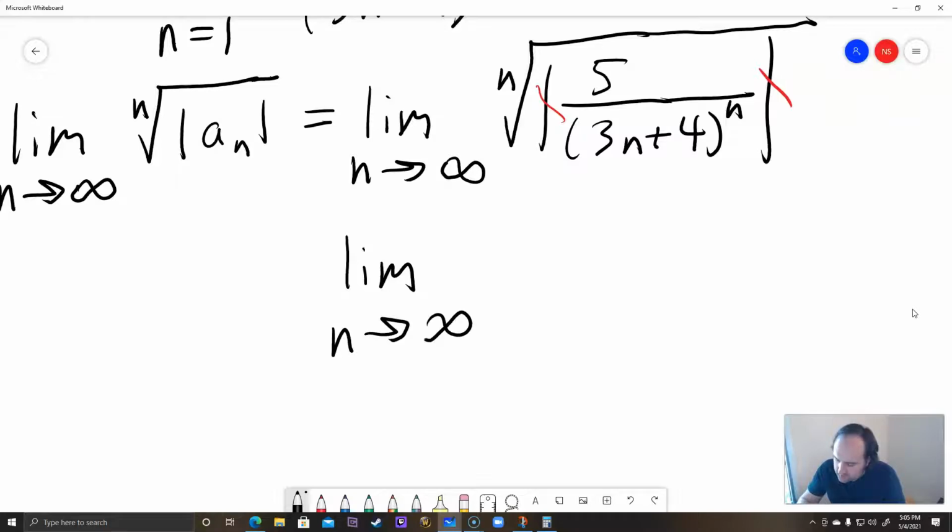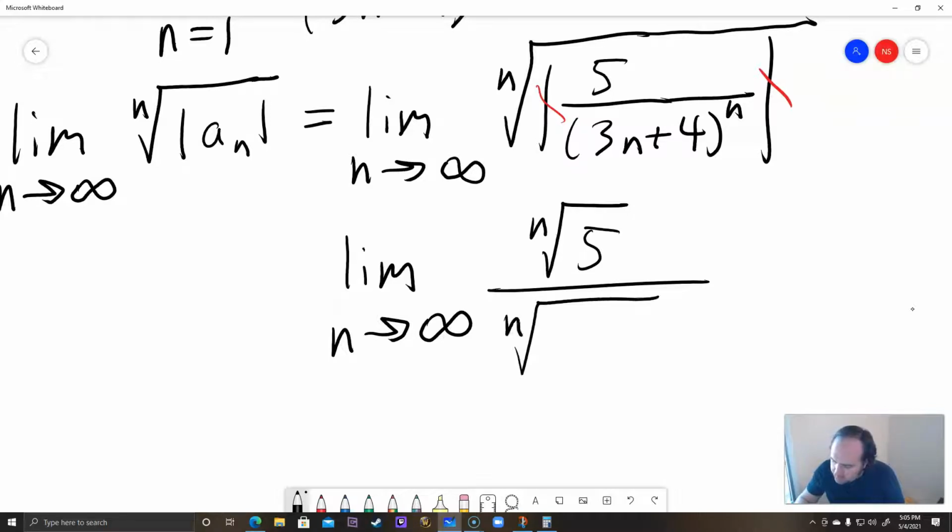Then we have the limit as n goes to infinity of, if we distribute the nth root, nth root of 5 on the top, and on the bottom nth root of 3n plus 4 quantity to the nth power.